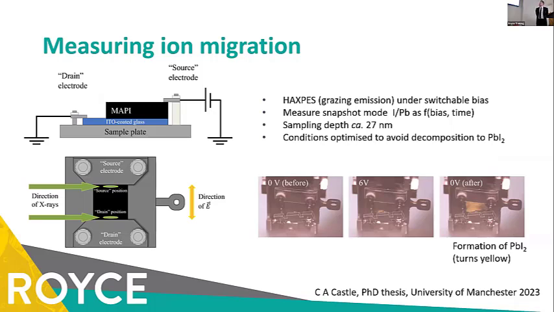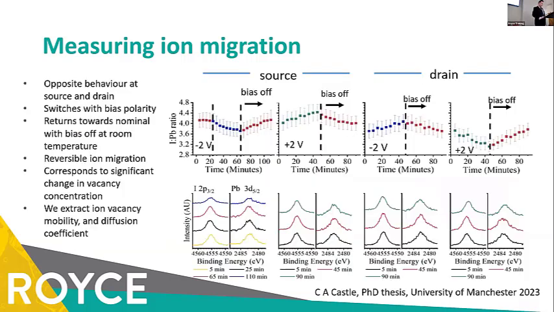We can do our directional bias, noting that on the bottom, as these materials decompose, they will decompose to lead I2 and it turns bright yellow. So we were very careful in our experiments to make sure this didn't happen. This only happened the first time. But it just goes to show that we are really applying the electrical bias.